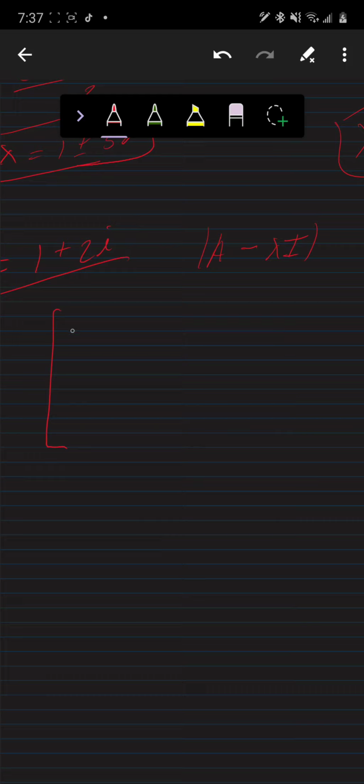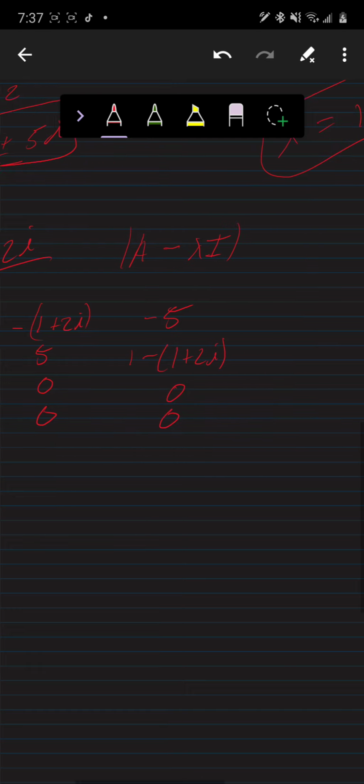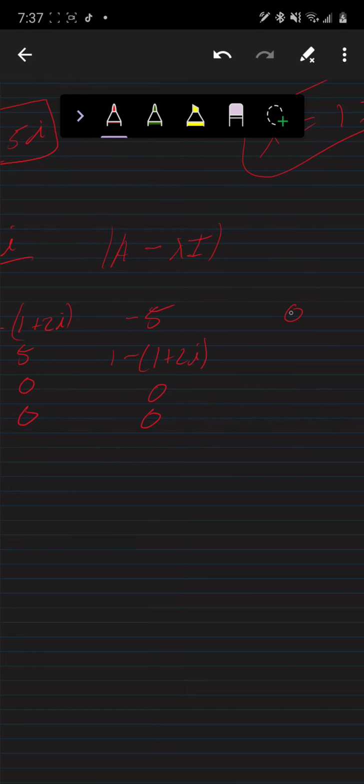So it's gonna be 1 minus (1 plus 2i), 5, 0, 0, and then -5, and then 1 minus (1 plus 2i), 0, 0, and then 0, 0, and then 1 minus (1 plus 2i).